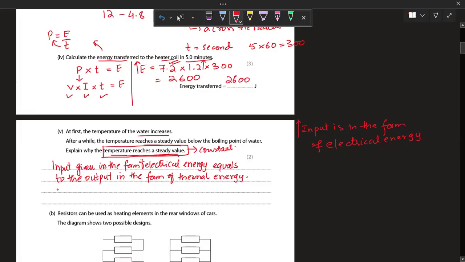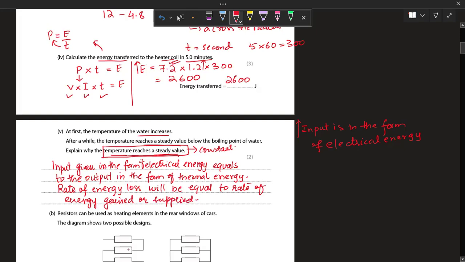So whatever the rate of energy transfer as an input, the rate of energy loss will be equal to the rate of energy gained or supplied.